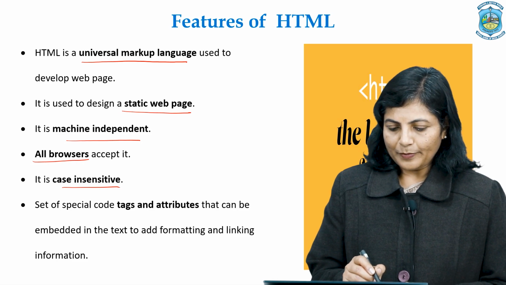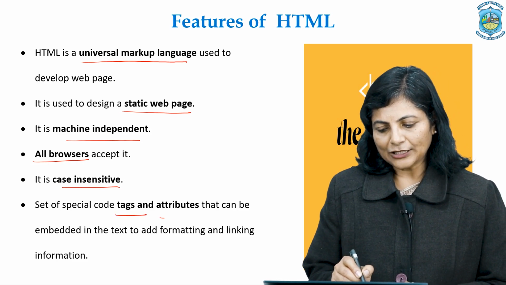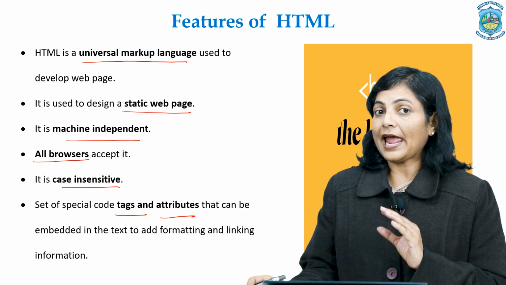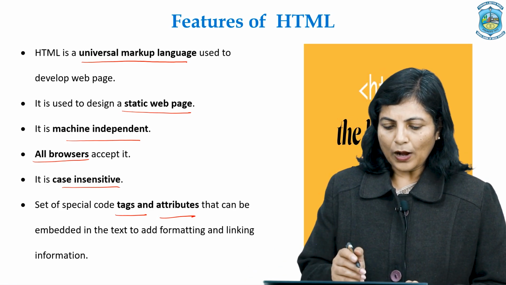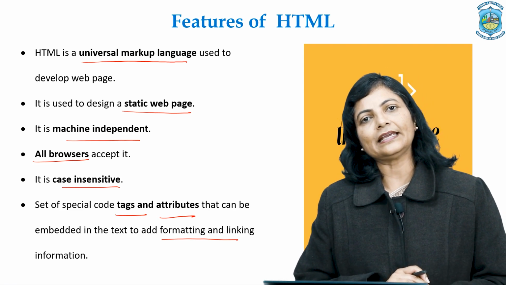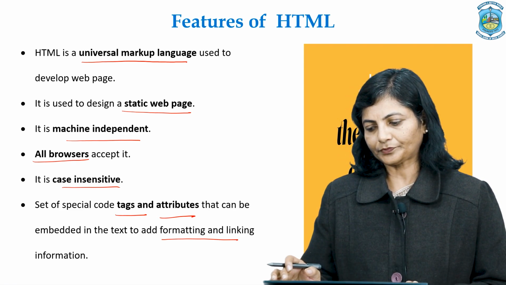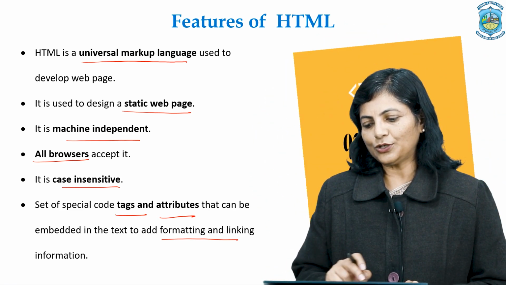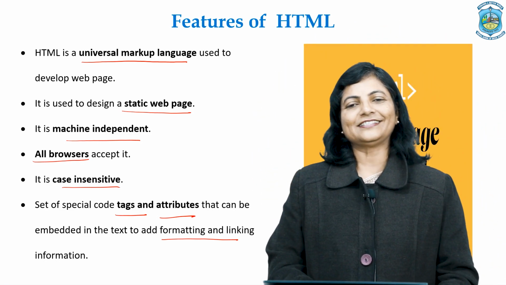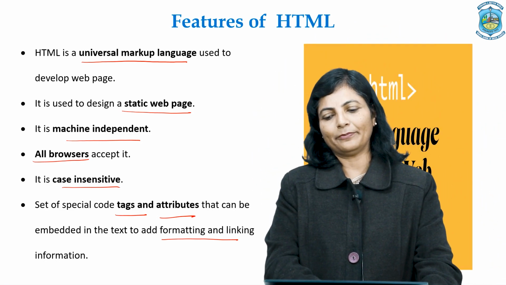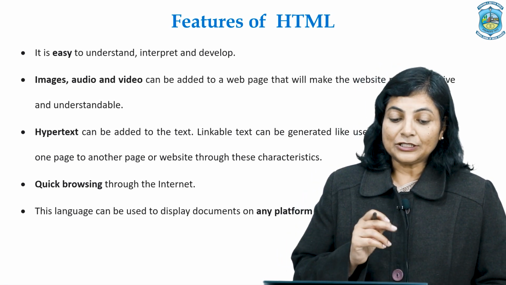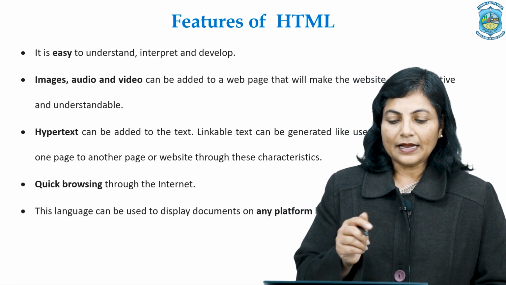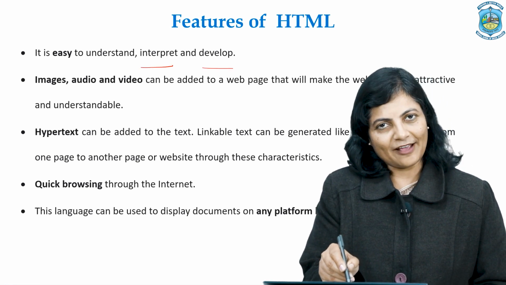It is a set of special code, tags, and attributes that can be embedded with the text to add formatting and linking information. So, as you can see, HTML is the language of the web, and it is also easy to understand, interpret, and develop.